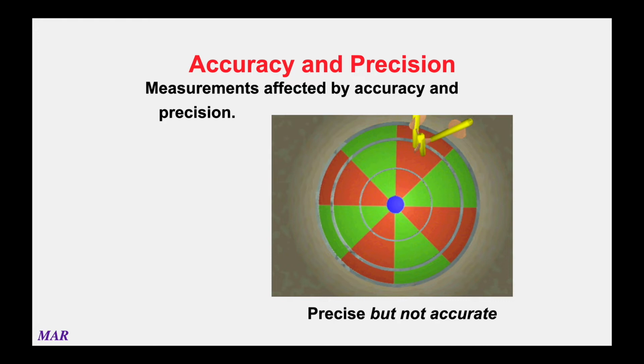So I would call this a series of measurements that were very precise, like they all ended up about the same value, but they weren't very accurate. You wanted to be by the blue dot, and of course they weren't even close to that. So this is an example of a series of measurements which has high precision, but not very good accuracy.